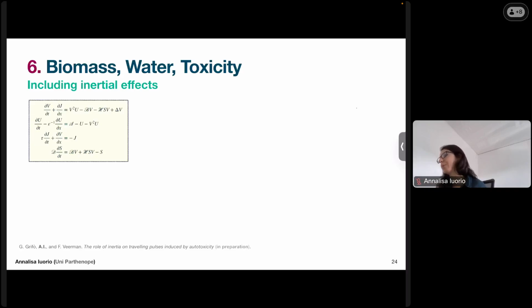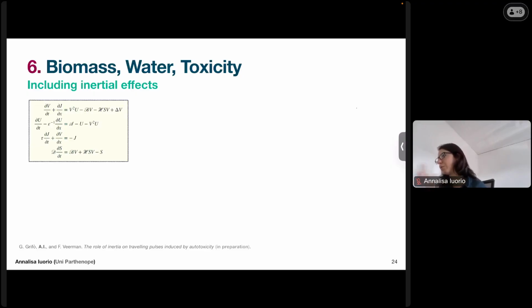It's more interesting from the mathematical viewpoint because it also allows us to push GSPT beyond the standard context of reaction diffusion systems, but also from the ecological viewpoint because inertial effects have proved to play an important role in vegetation dynamics, since the response of ecosystems is not instantaneous. So this is definitely something that should be taken into account.